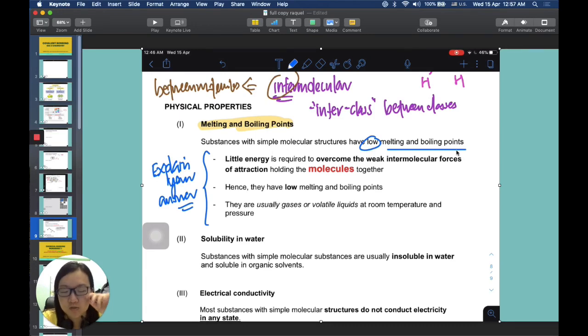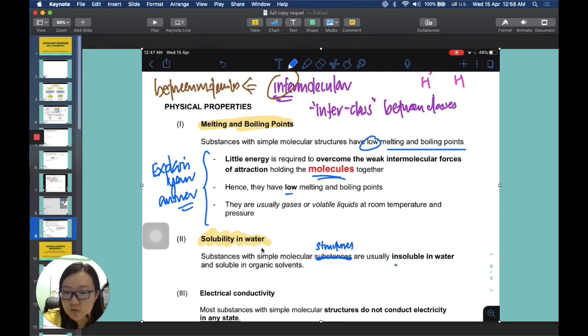For pure chemistry students, you will need to know giant structures as well, but that one is for another time. This part is really for your explanation in exam questions. Why do they have low melting and boiling points? Because very little energy is required to overcome these weak intermolecular forces of attraction. Usually they exist as gases or volatile liquids.